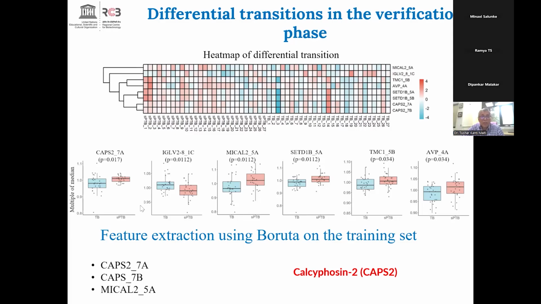These two proteins show distinct features in the verification state.